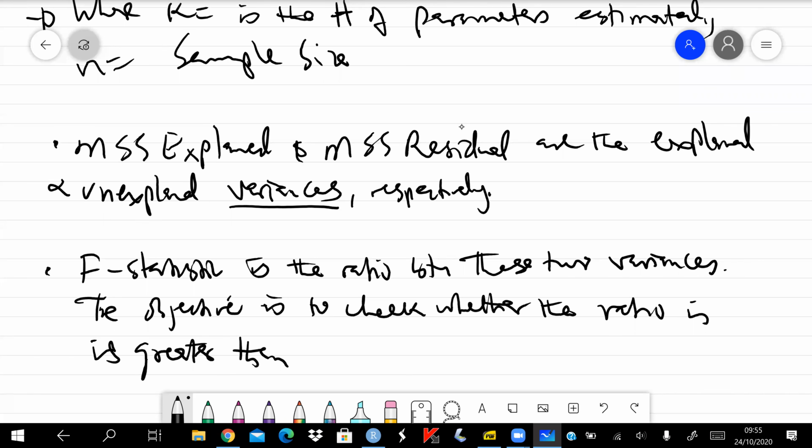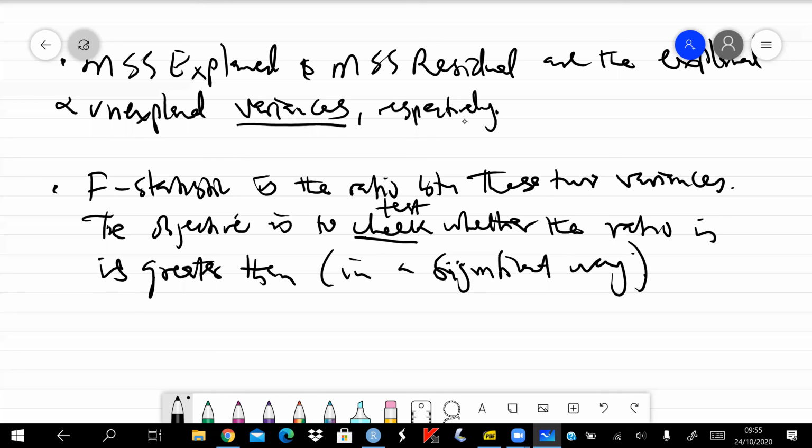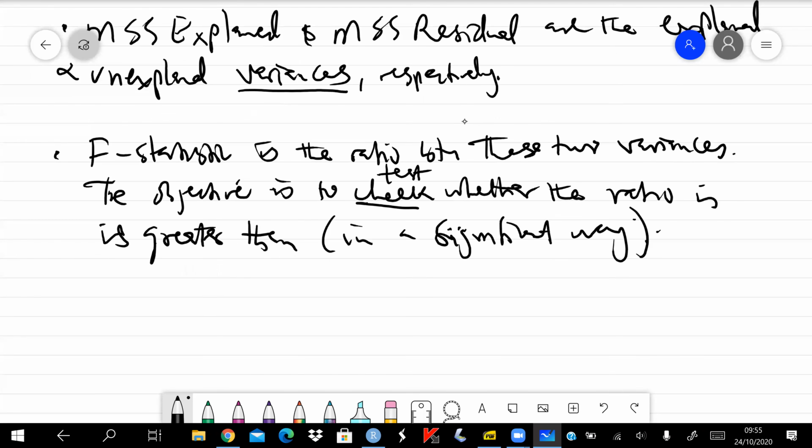Of course, we say in a significant way. So this checking here is the same as testing: to test whether the ratio is bigger than 1 in a significant way. That calls for hypothesis testing. You cannot just find that by just looking. You need to test hypotheses about that value.